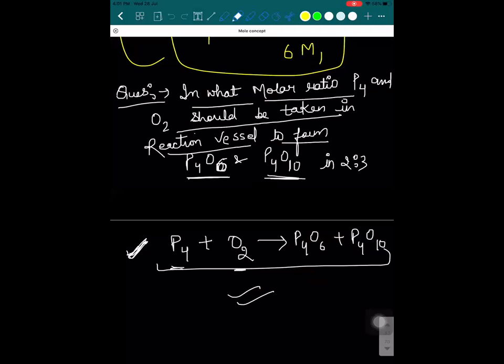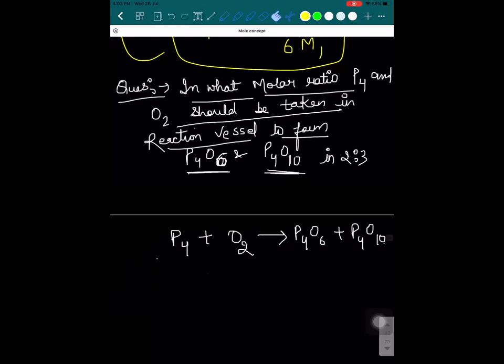Now, this was the question: in what molar ratio should P4 and O2 be taken in the reaction vessel to form P4O6 and P4O10 in 2:3, where phosphorus plus oxygen gives P4O6 and P4O10. How will you apply POAC on this question? You need to apply POAC on two elements.